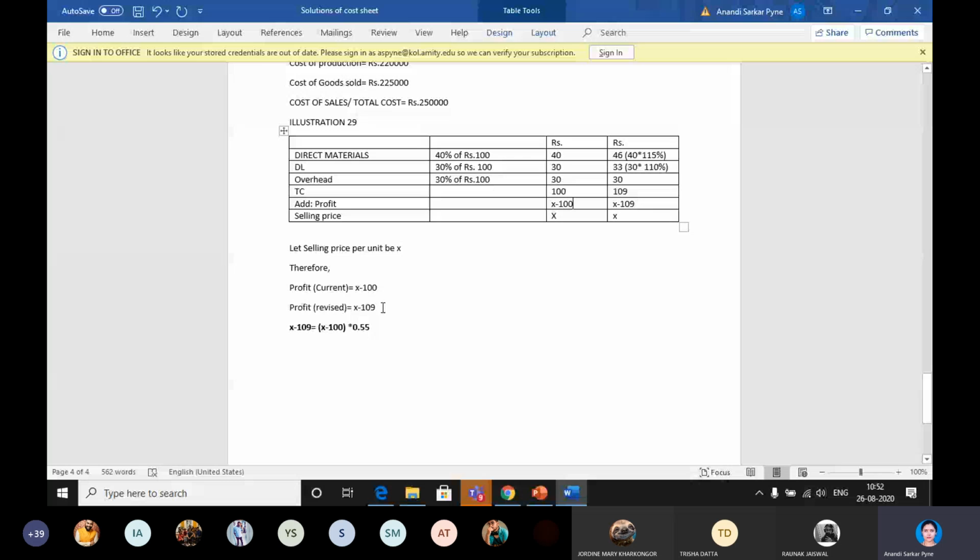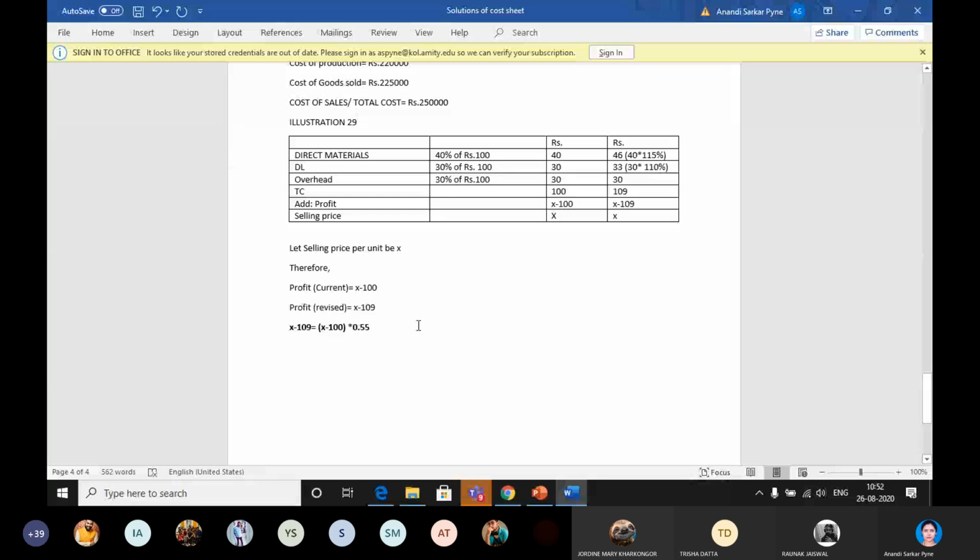Now it's written clearly that the current year's profit will be 0.55 of the revised profit. To create this equation, I have done this. Now you just need to solve the equation.